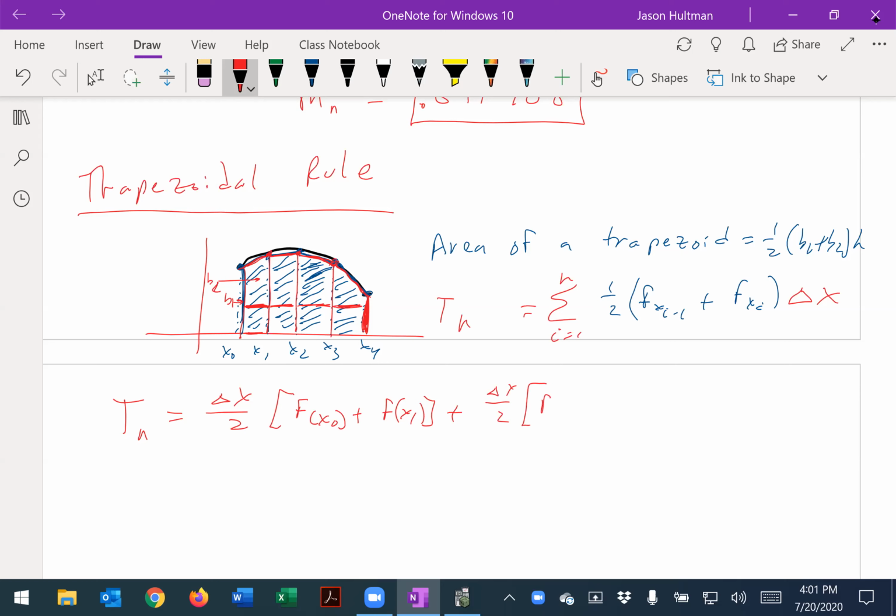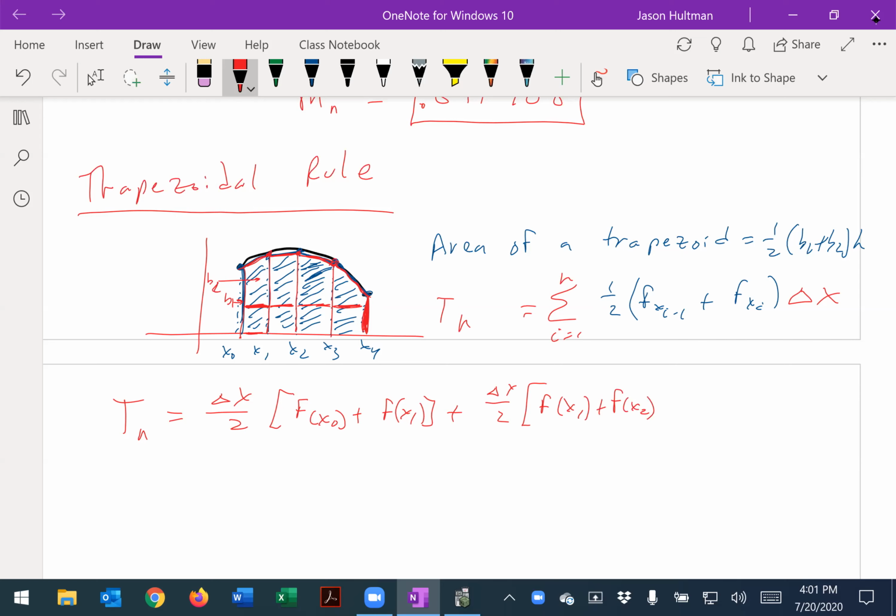we're going to move on to the next trapezoid. So that's base 1 plus base 2, then base 2 plus base 3. This is f of x1. We're going to change the bases we're working with, which creates the next trapezoid, plus f of x2.